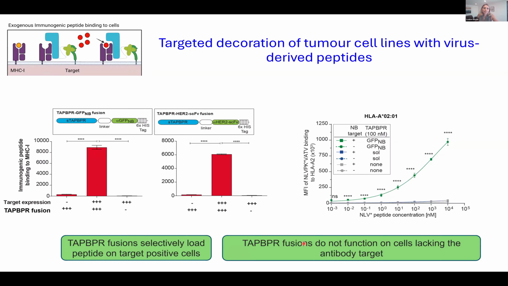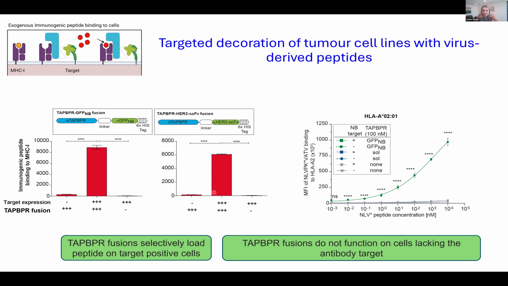Having achieved this targeted binding of TAPBPR to the plasma membrane of the target cells, we then asked whether the TAPBPR domain was functional and capable of promoting peptide loading onto MHC class 1.